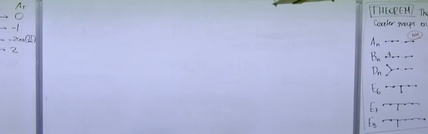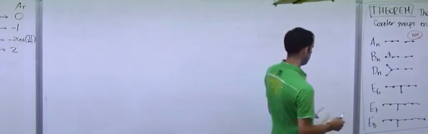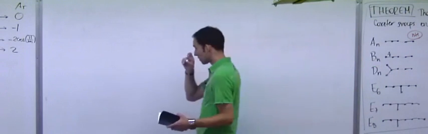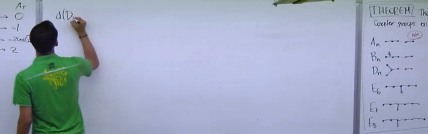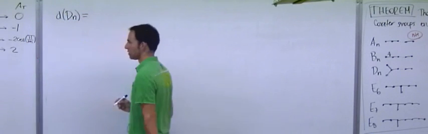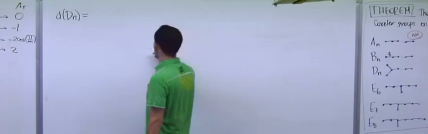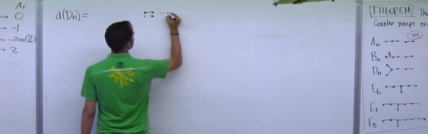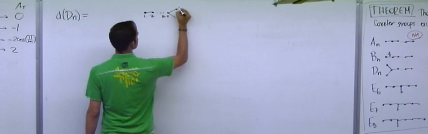So let's do it, for example, for, I don't know, what's interesting. Let's do it for Dn. So let's apply this to Dn. Let me label Dn like this: 1, 2, n minus 2, n minus 1.